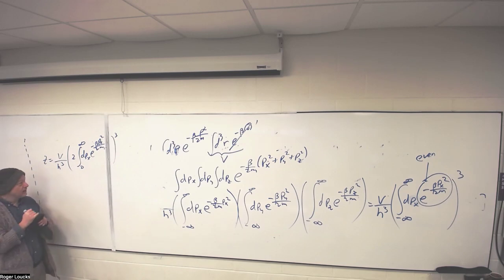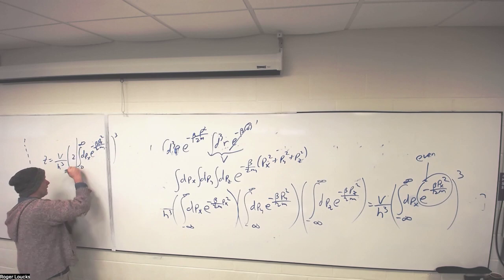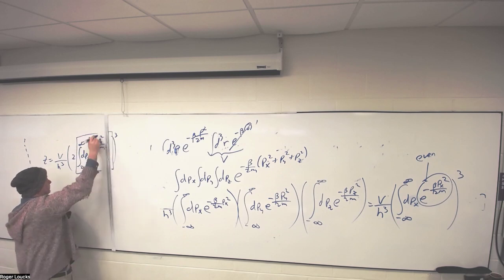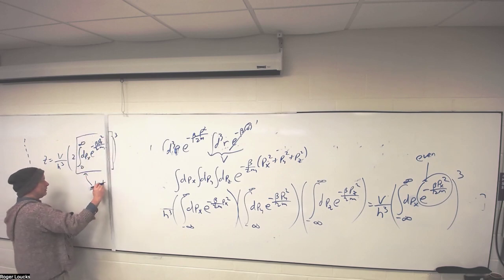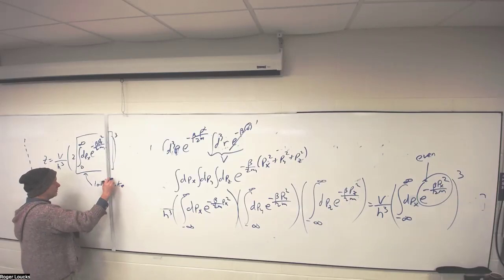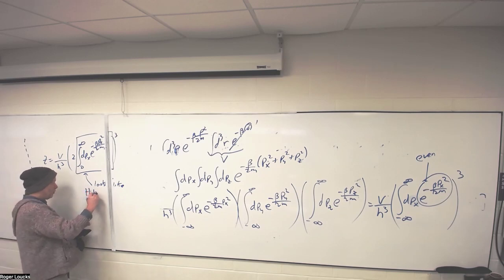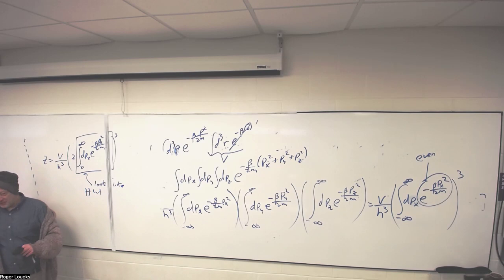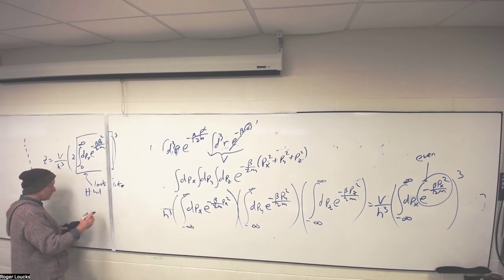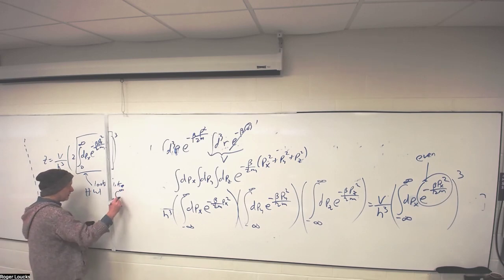Then we did one more thing and then we called it good. We said, hey, this looks like the integral of e to the minus alpha x squared. Yes, homework 1. We worked up this result here.